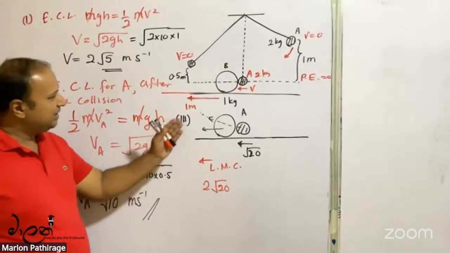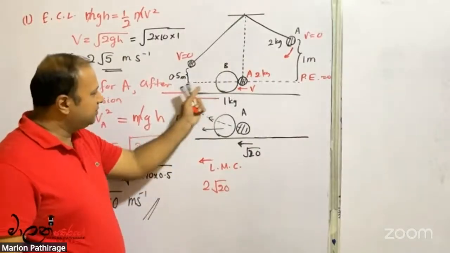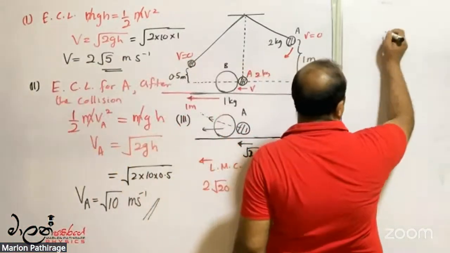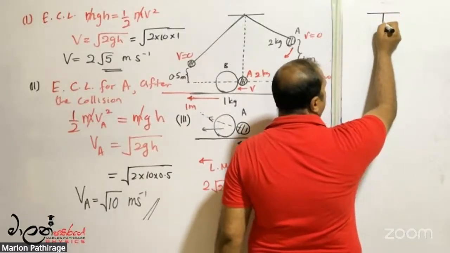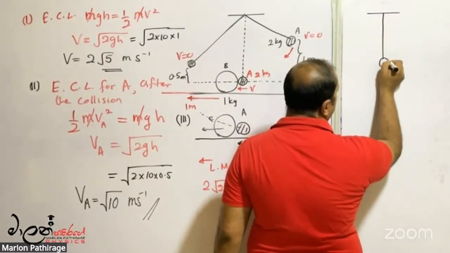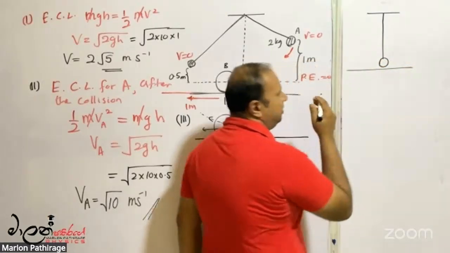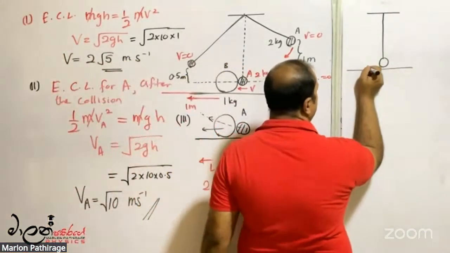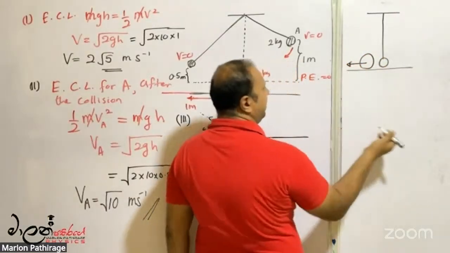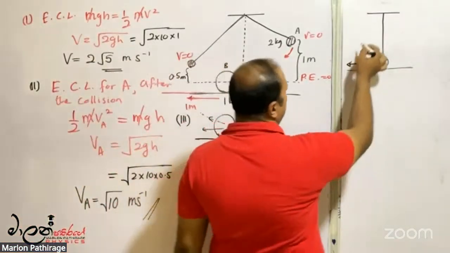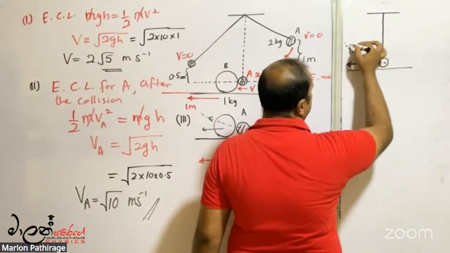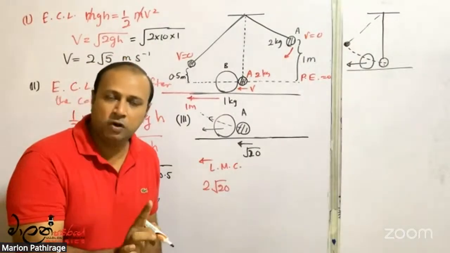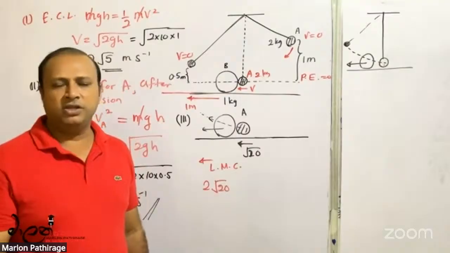Okay, look at this one. Just after the collision, this will move in a straight line, and this object, object A, will move in a circular path with a certain velocity.